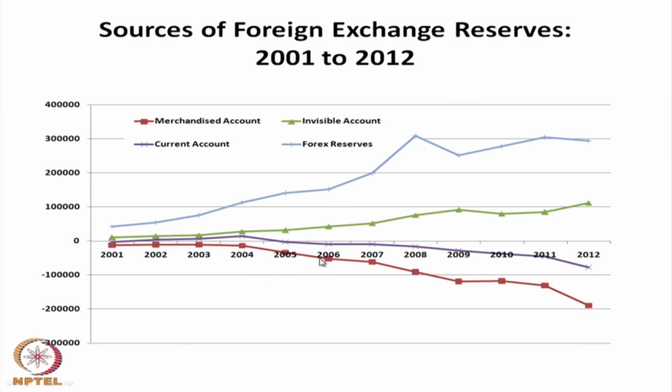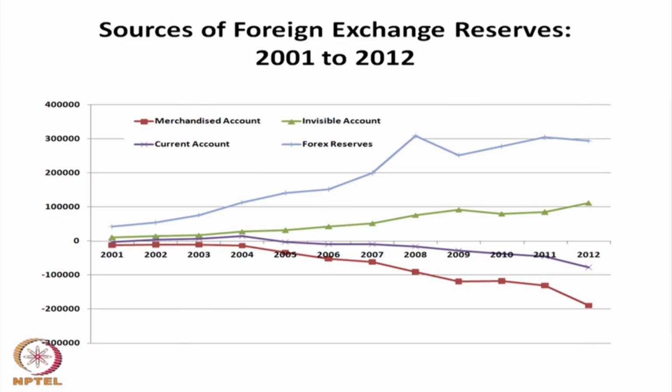After 2006 onwards, it declined significantly and stood somewhere near the current account deficit. The merchandise account deficit is significant, and similarly the current account deficit is also significant, somewhere near $90 billion, $85 billion.